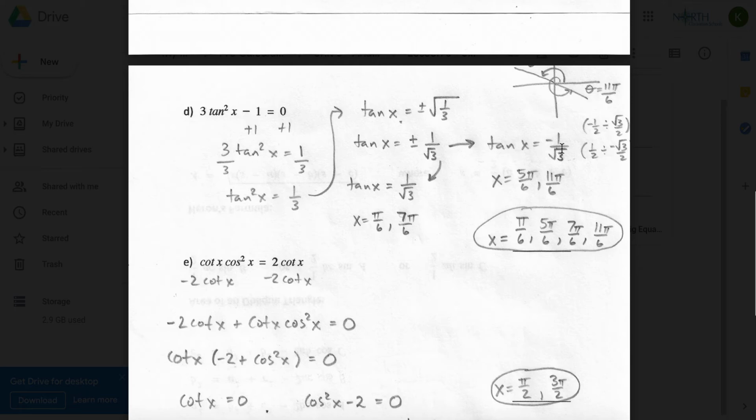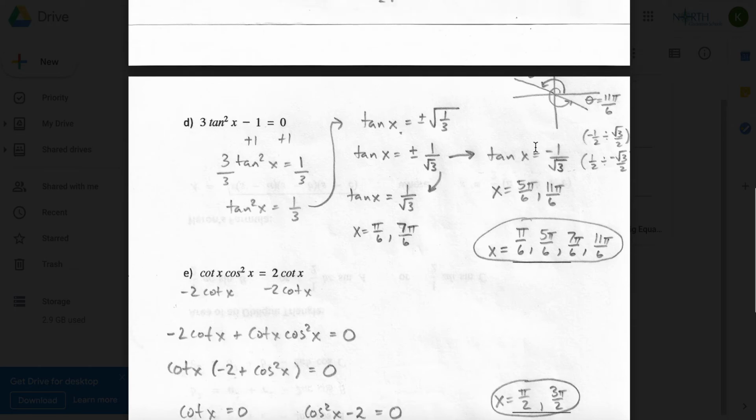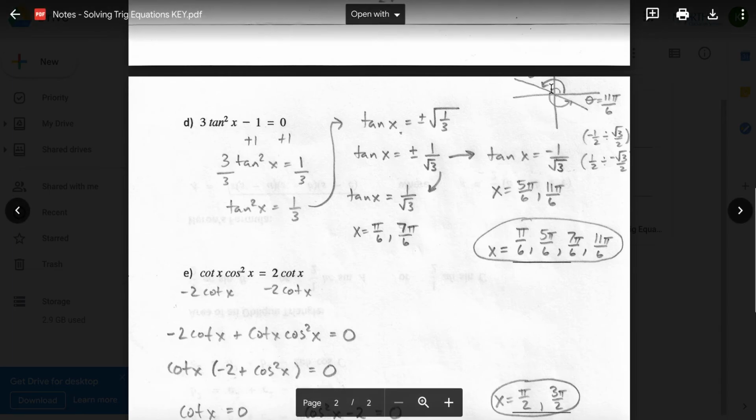If we want the negative version, what angle is going to give us negative 1 over the square root of 3 as a ratio? Well, to get a negative tangent value, we know that that occurs in the second quadrant and the fourth quadrant. Sorry, my notes got cut off a little bit there on my scanning.